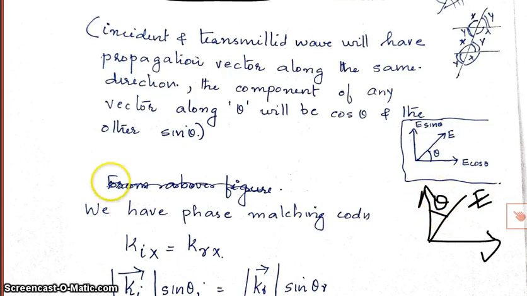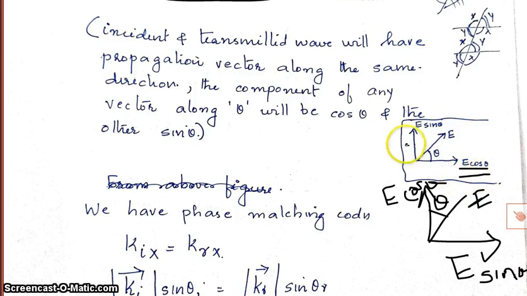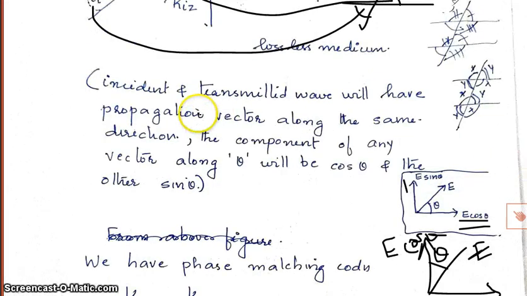You just assume here you are drawing theta, and these are the two components of E. One is your horizontal component and the other is your perpendicular component. Then theta is this angle, so this will be your E cos theta, and this will be your E sin theta. That you have to keep in mind. Wherever you find theta, the corresponding axis will be your E cos theta and the other one will be E sin theta.